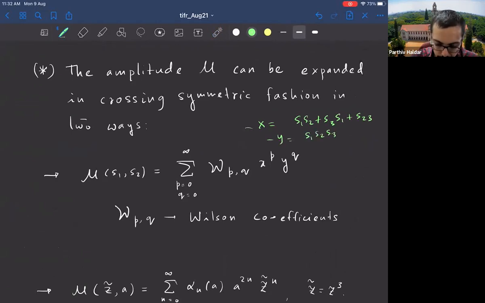These, along with s1 plus s2 plus s3, are elementary symmetric polynomials, so a symmetric function should be power expanded in them. But since the constraint is that s1 plus s2 plus s3 is a constant, ultimately it should be able to be power expanded in these two variables. That's why you can write it down as a Taylor expansion, expanding about x equal to 0, y equal to 0.